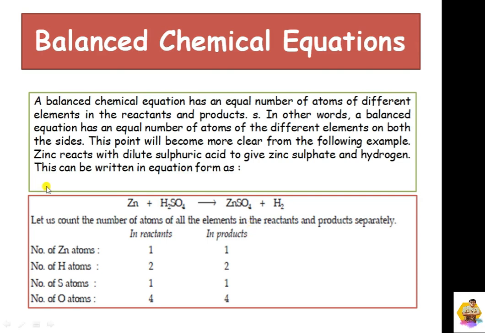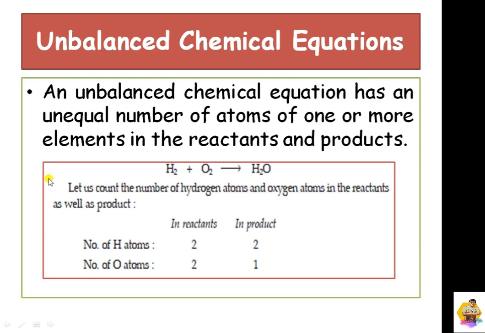If it is not balanced, we will call it an unbalanced chemical equation. So what is an unbalanced chemical equation? An unbalanced chemical equation has an unequal number of atoms of one or more elements in the reactants and products. If you see the example, it is a reaction between hydrogen and oxygen forming H2O, that is water.